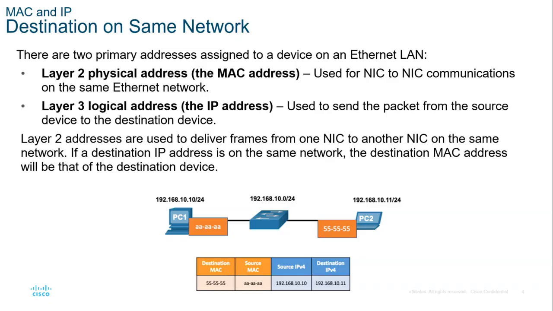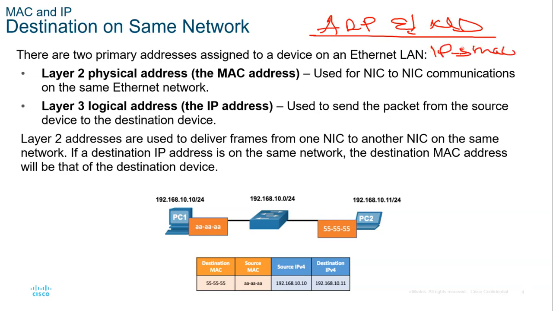So still, as we are saying, ARP and neighbor discovery are used to map an IP address to a MAC address. These addresses are for the destination, not the source.